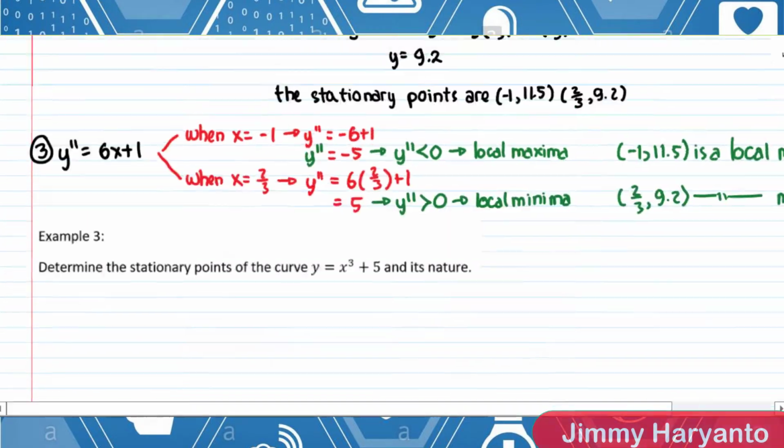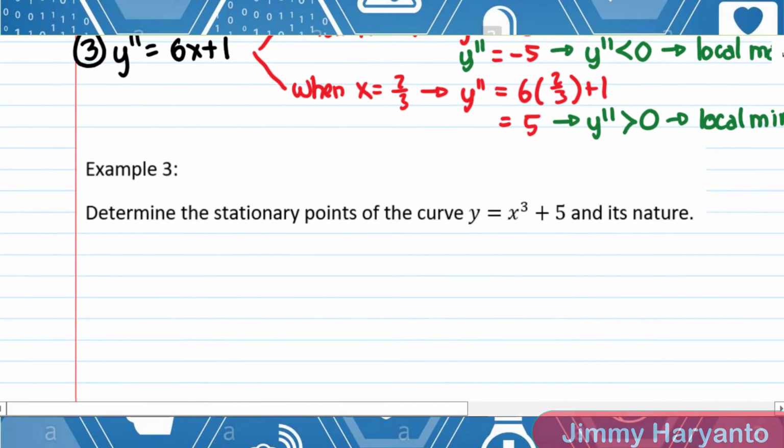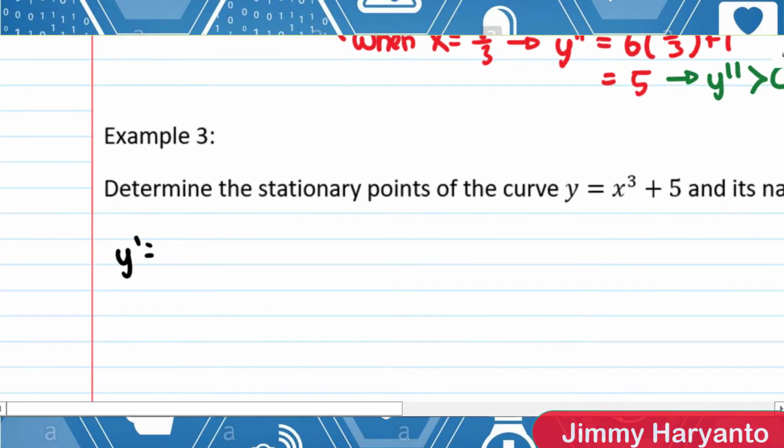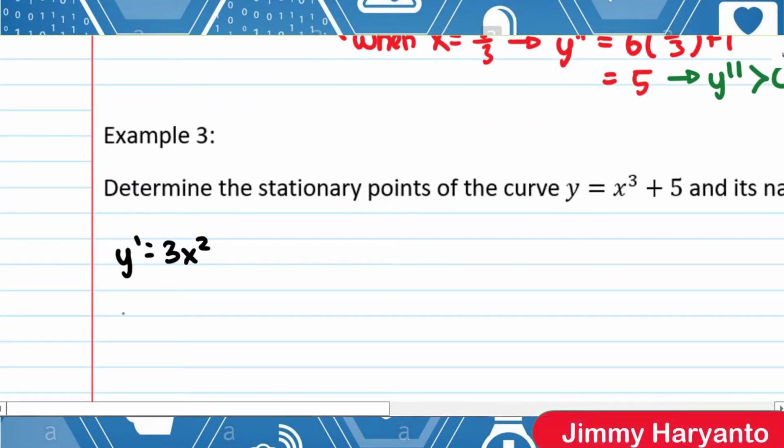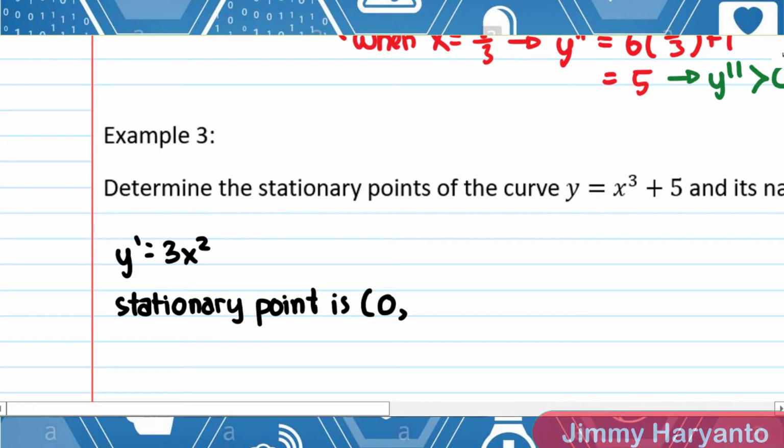Okay, and then the last one, we already have the y-accent. Y-accent equals 3x squared, and we also have the stationary point from before. The stationary point is 0, 5.